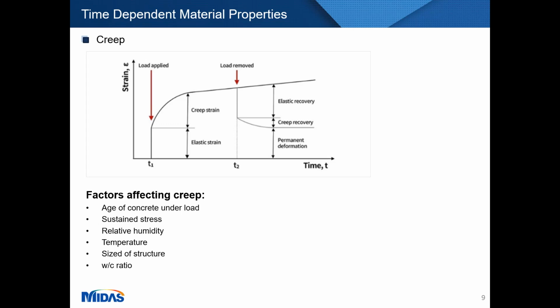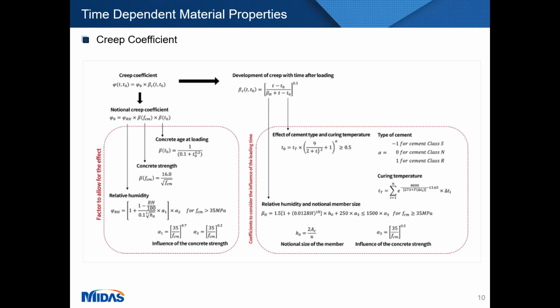Now let's look at the codal guidelines on how to consider creep effect in our analysis. Now let's discuss the creep coefficient formulation as per Eurocode. The creep coefficient at any given point of time can be calculated with a notional creep coefficient and the development of creep with time after loading. The notional creep coefficient can be obtained by multiplication of relative humidity, concrete strength, and concrete age at loading.